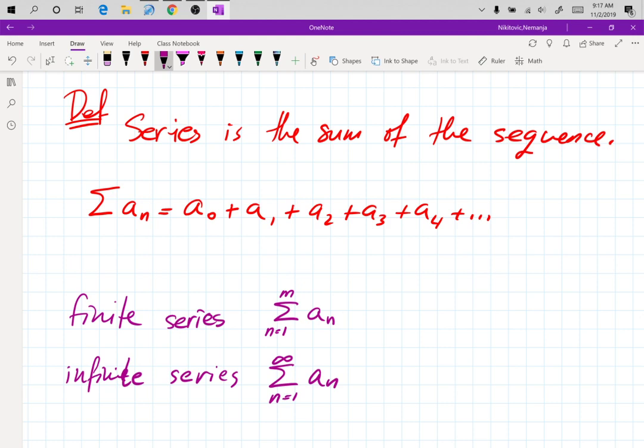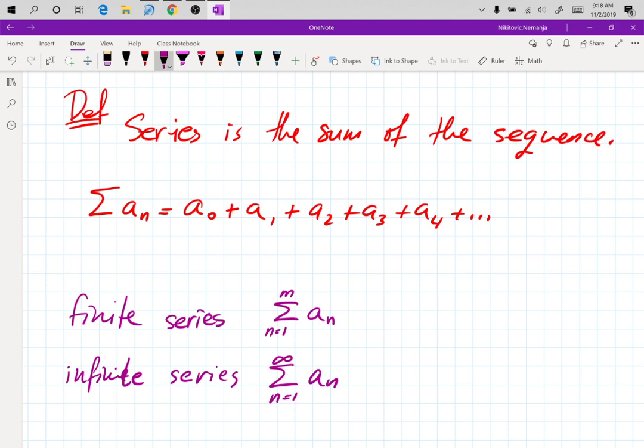Now, we don't care about finite series at all because they're boring. They always converge. If you have 3 terms, if m is 3, if you have 100 terms or 100,000 terms, you can add all of those terms using either a calculator or computer or whatever.